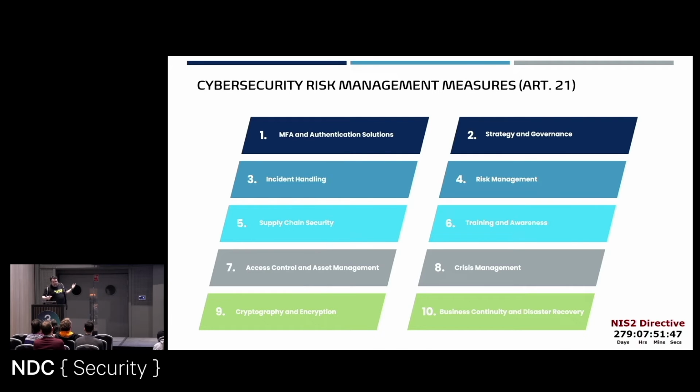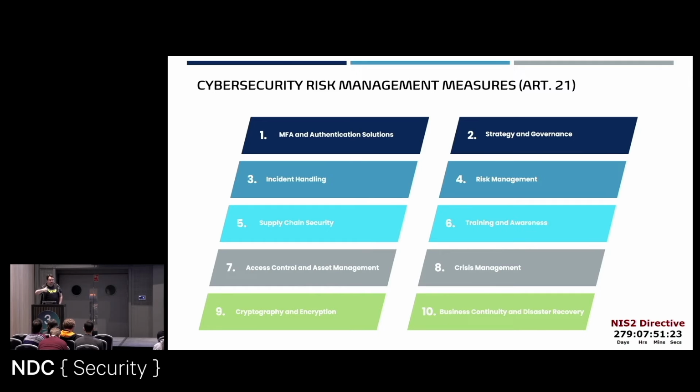So you're looking at using MFA, right? Having a cybersecurity strategy and doing governance, having an incident handling policy, doing risk management, ensuring your supply chain security, knowing where you get your data, products, services from, and whether that's handled in a secure manner.